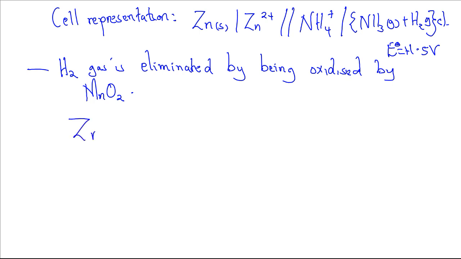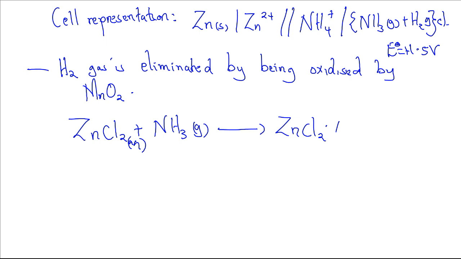So zinc chloride forms a complex with ammonia, the tetraammine complex, zinc chloride tetraammine. That is all about the primary cell.